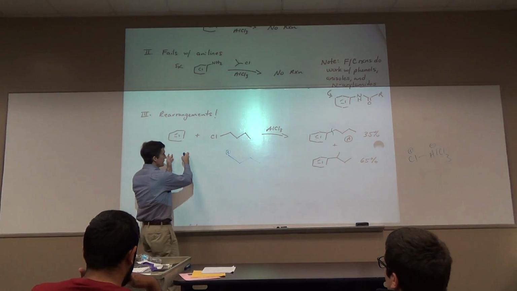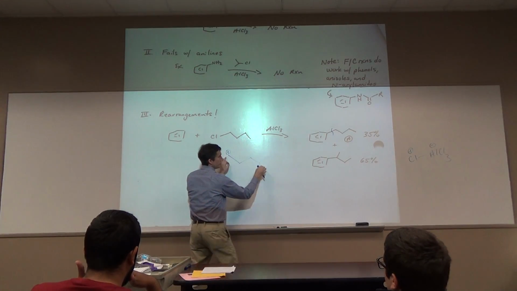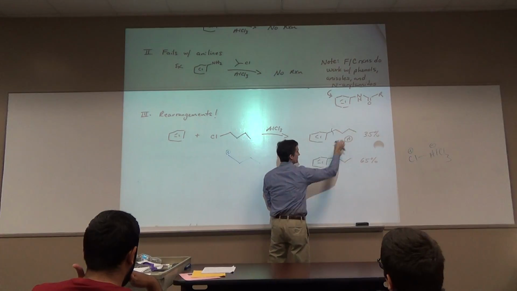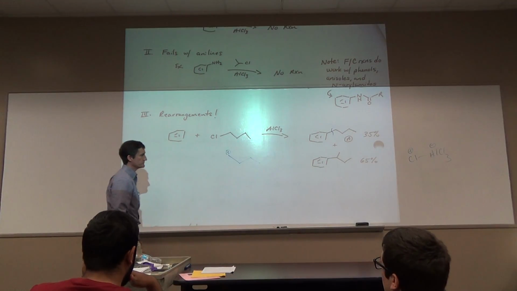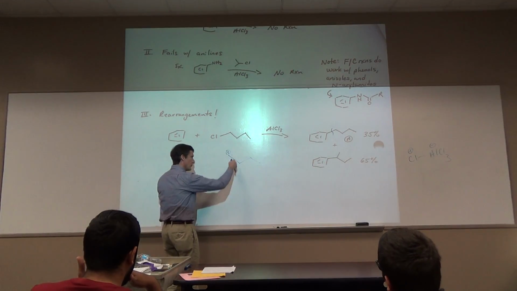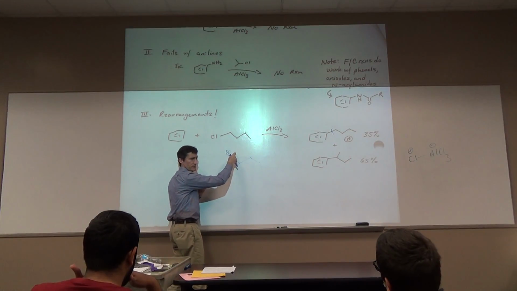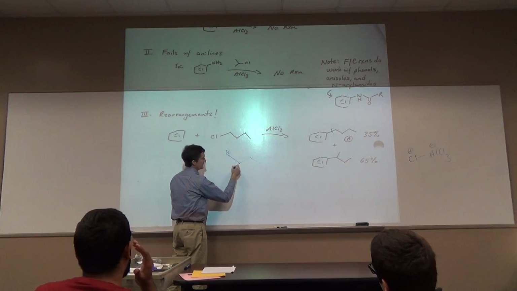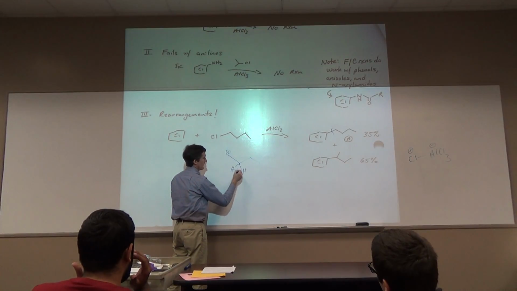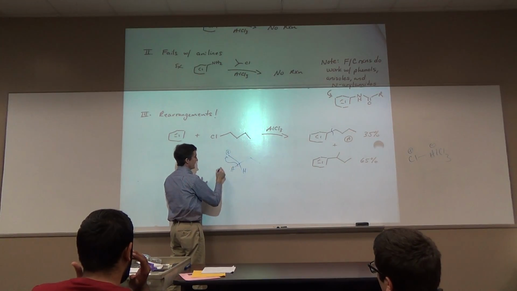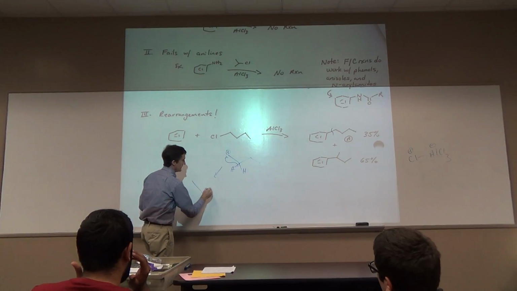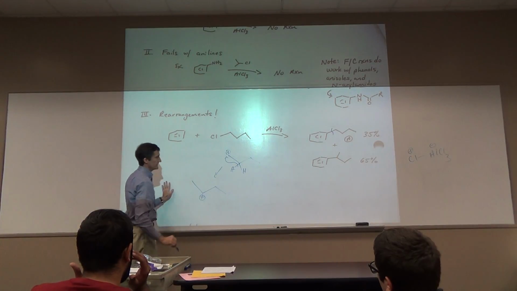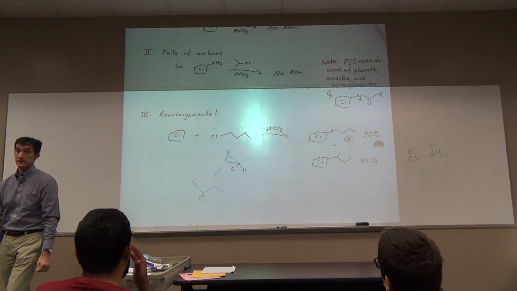And then if the ring attacks here, 1, 2, 3, 4, you get this product after it does its thing. But if you were to get this from some magical reason, do you think it could perhaps rearrange? Hydride shift, right? Then we get this cation, and this would be much better.